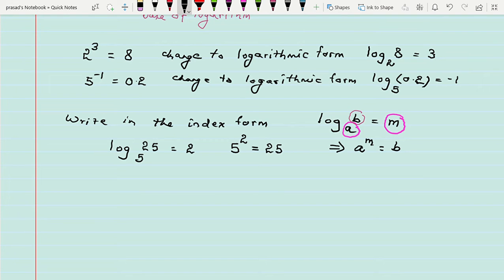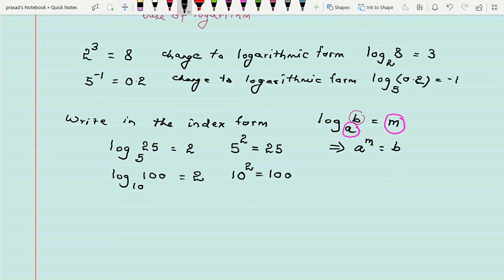Take another example. Suppose log of 100 to base 10 is equal to 2. What will be the index form? The base is 10, the index is 2, power is 2, and the value in the index form will be 100.